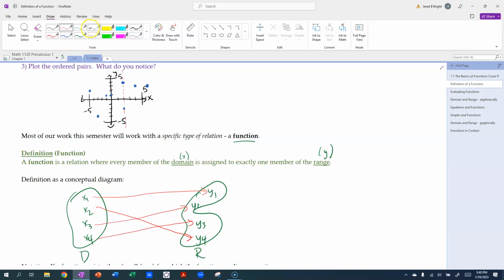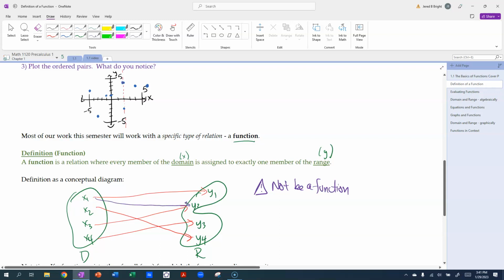What cannot happen, and I'm going to do this in purple as a warning, is this. This would not be a function. If I did something like this, x1 went to two different things in the range.